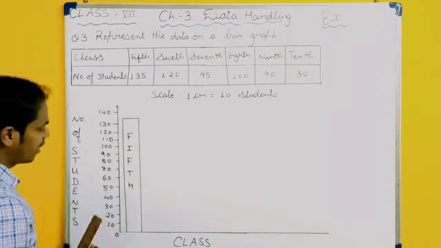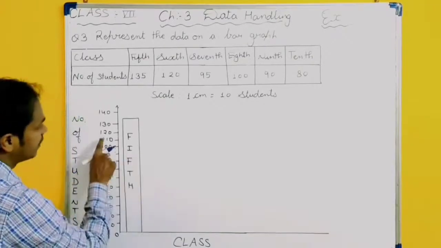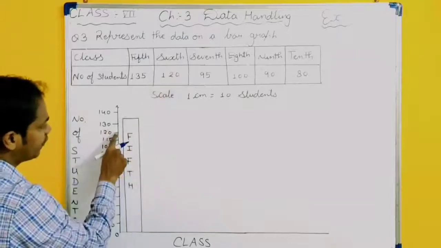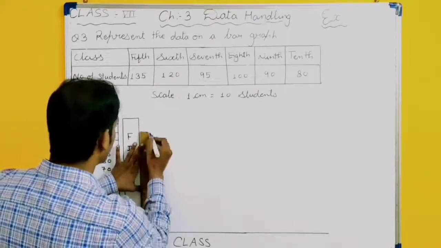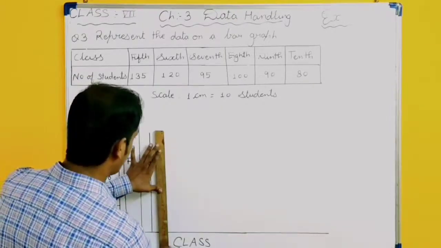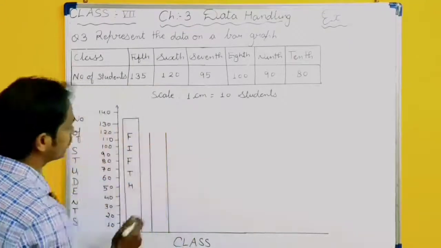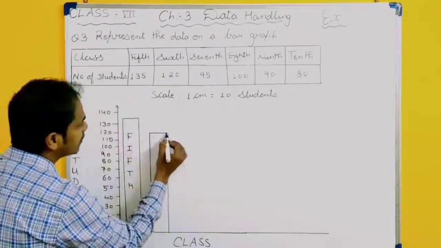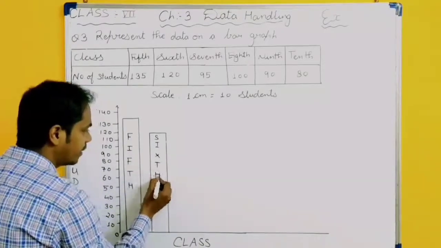In 6th class 120 students. So here you will draw one bar for 6th class. How many students? 120 students. So this is your 6th class, SIXTH.